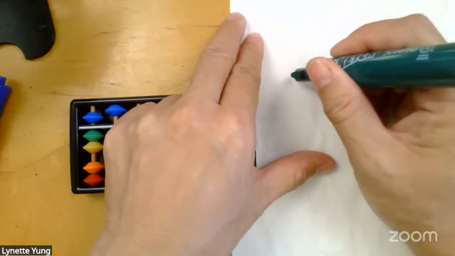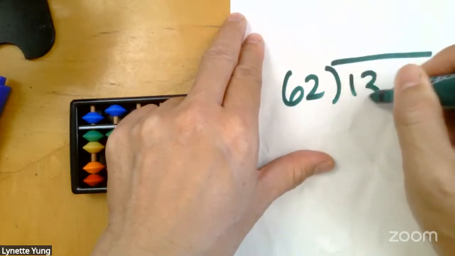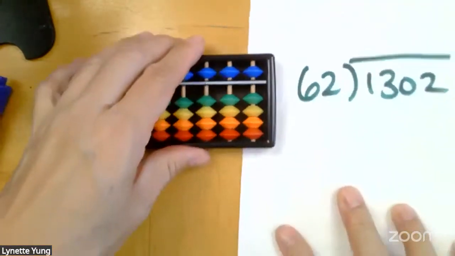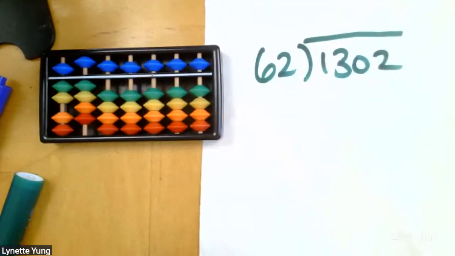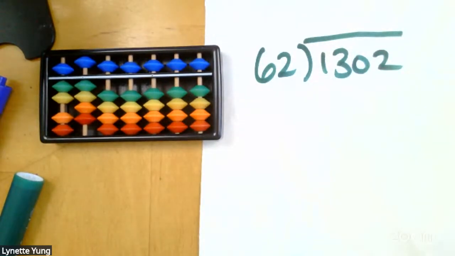Let's see how this works. 1302. Let's try it. I haven't worked out all of these questions, so I have an estimate of what I'm trying to do, but I don't have it fully fleshed out.